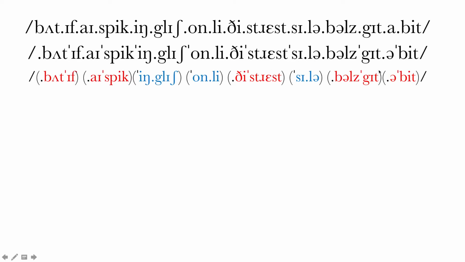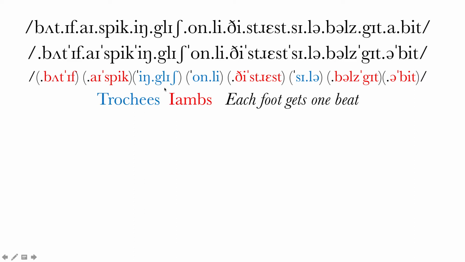I can group those into these feet, these metric feet of iambs and trochees if I wanted to do that. English likes to use this sort of metric feet of trochees and iambs so that these stressed syllables are always grouped together with an unstressed syllable.